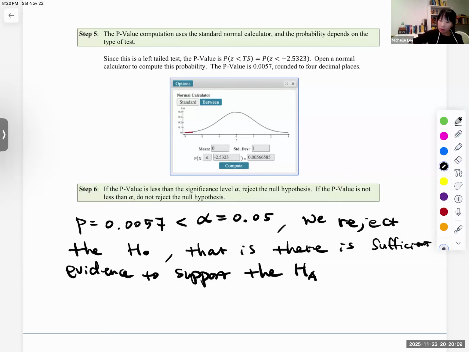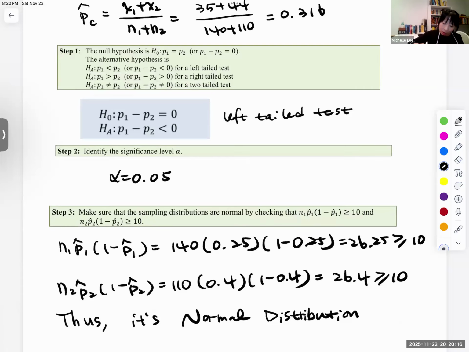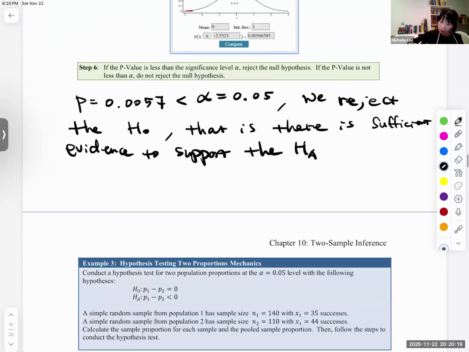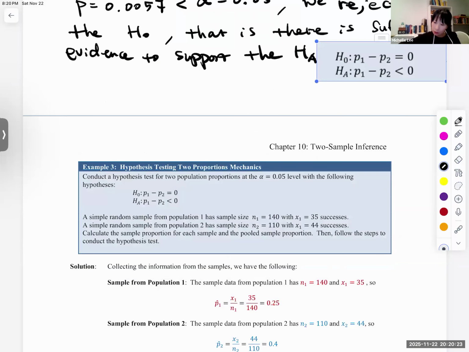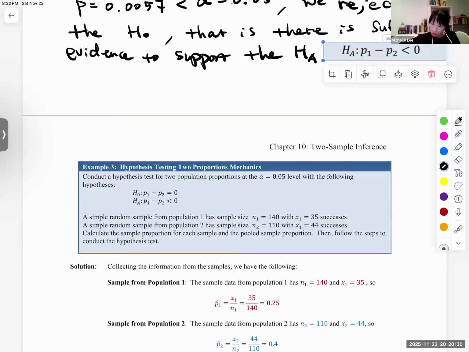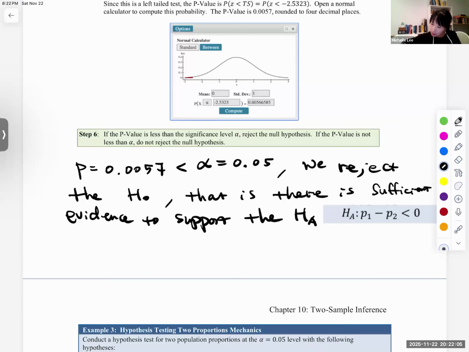That means the left tail from earlier. So here we support that. We support this one. So this means p sub 1 is less than p sub 2.